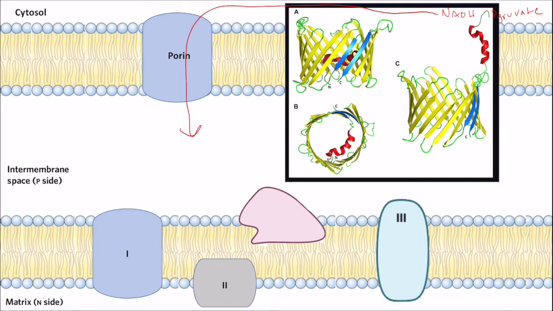The outer part of the pore is hydrophobic in order to match the inside of the phospholipid bilayer, while the inside of the pore is hydrophilic in order to match the conditions of the inner membrane space and the cytosol. So now we have created a hole through the outer membrane that allows a flow of ions and molecules that are small enough to fit through here.